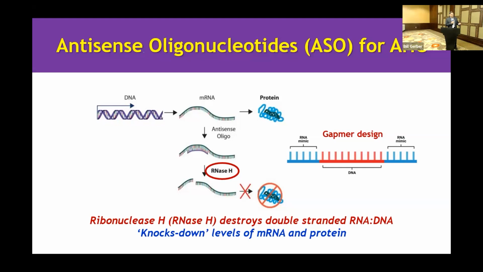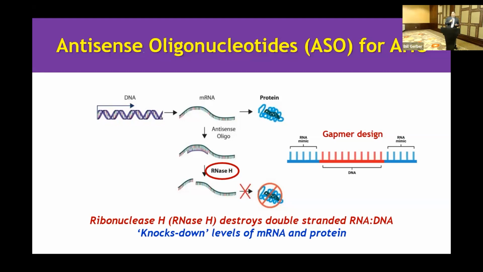You may hear this term. It's a silly term. But what it means is there's a central core of DNA, usually pretty short, 10 nucleotides or less, that binds to the RNA and directs its destruction by ribonuclease H.